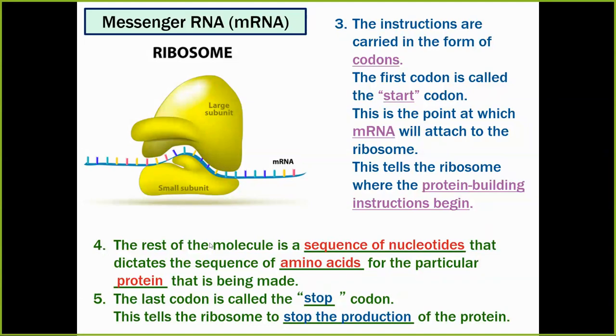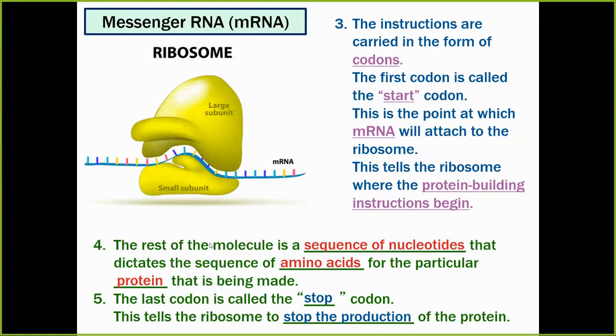DNA is like the entire dictionary. If you just needed to know one definition, you wouldn't read the entire dictionary. You would just flip to the section where the word that you need the definition for is, and you'd look at it and read it and figure it out. That's exactly what mRNA is. mRNA is just one section of that DNA to make a specific protein.